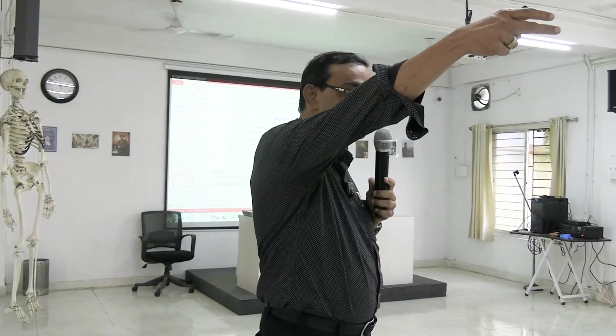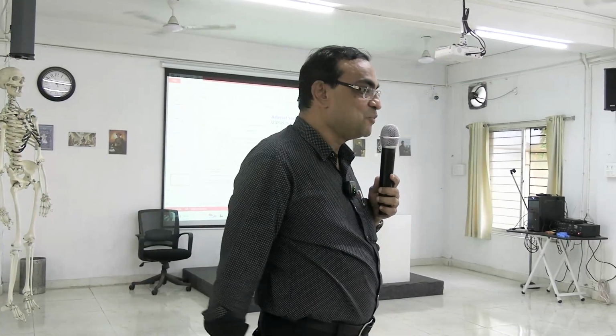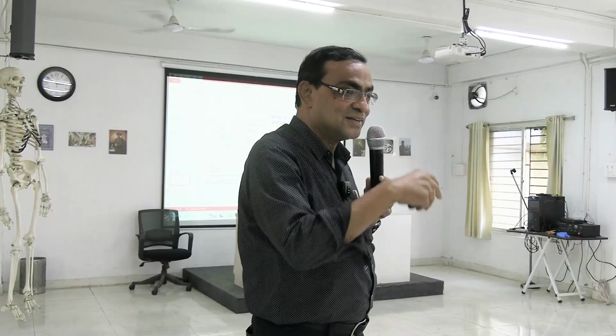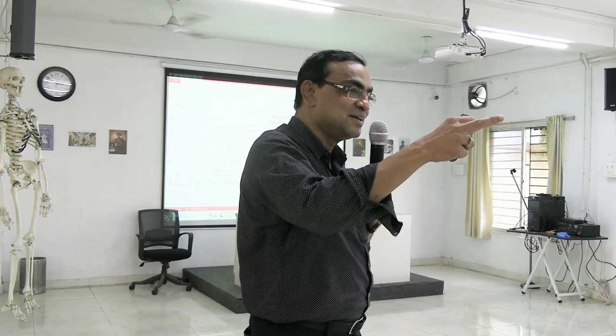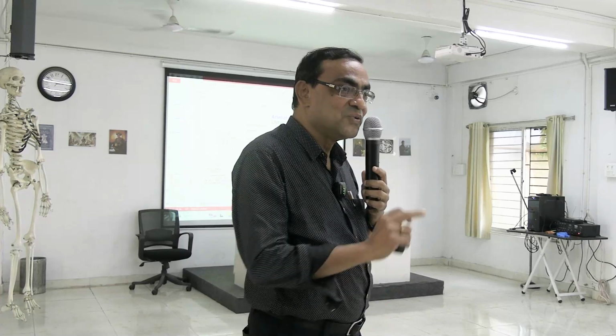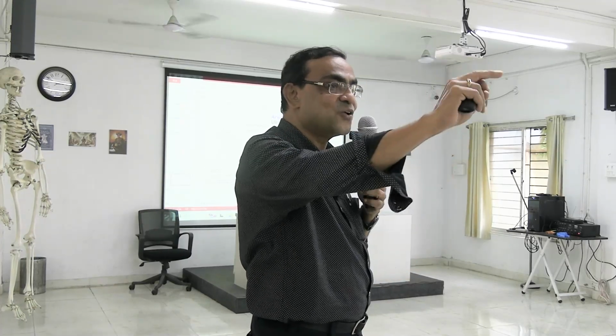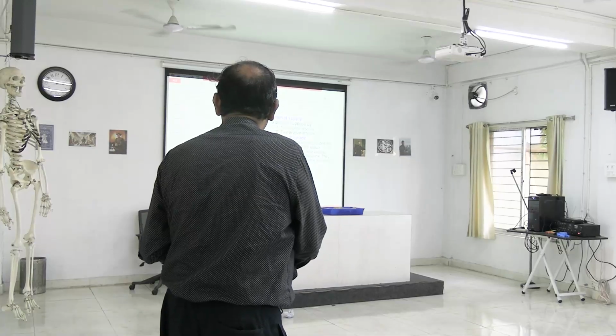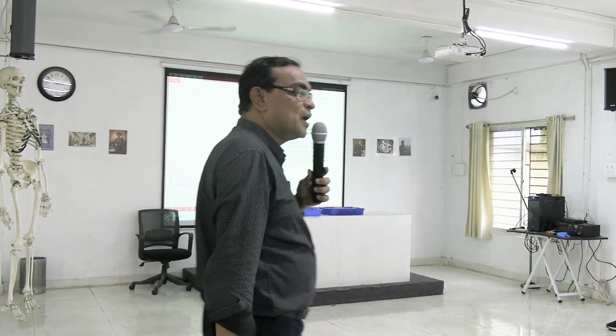Yesterday, when I was removing the female composite viscera, the uterus and other structures, you saw that the ureter is coming down and the uterine artery is crossing it. So if we clamp it here and ligate it here, what will happen?